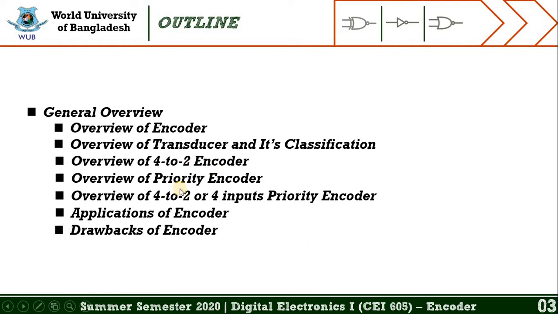After this, we can learn priority encoder, and we can also learn how to design a 4 to 2 or 4 inputs priority encoder and some other topics. So let's move to the next slide.